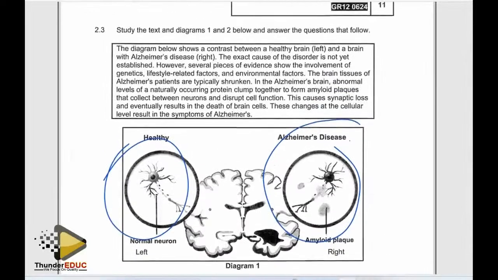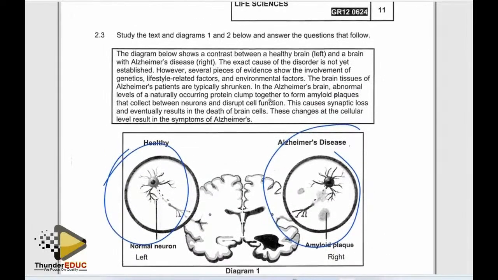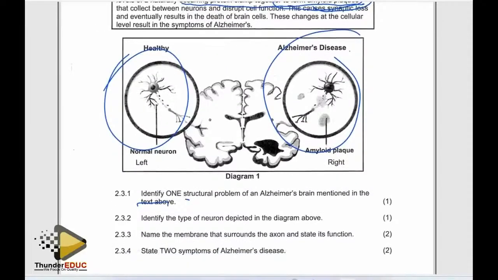If you read, they mentioned it here. In the Alzheimer's brain, abnormal levels of naturally occurring protein clump together to form this plaque. So that is the structure they're talking about. That was supposed to be the answer.